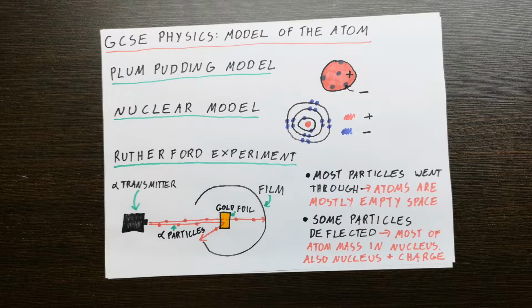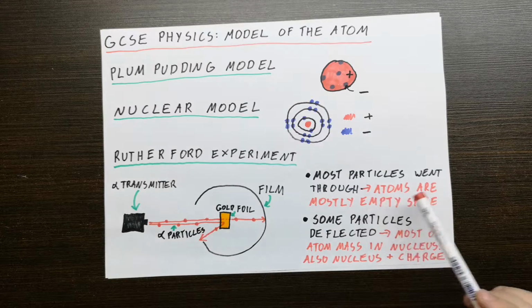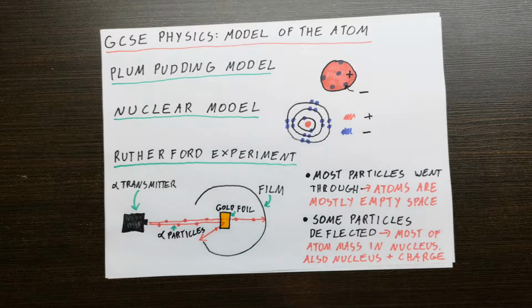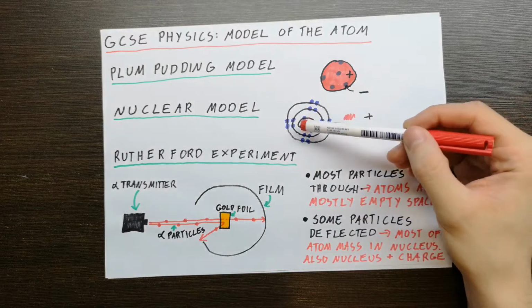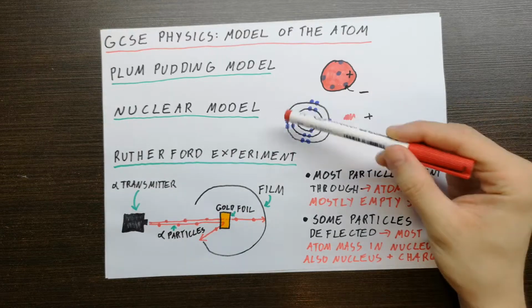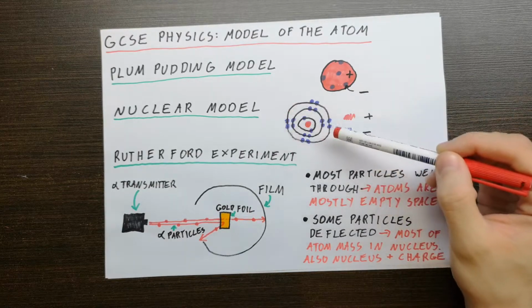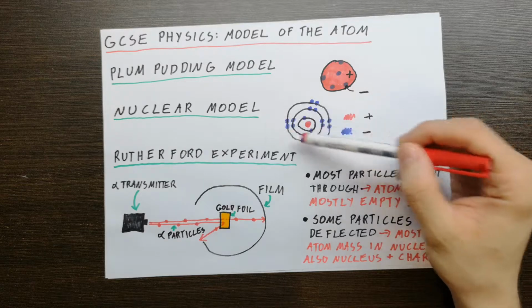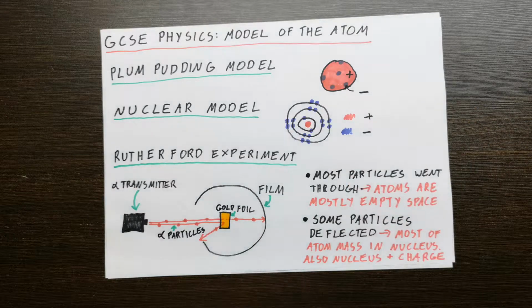And what did that tell us? That atoms are mostly empty space. And that's the nuclear model. We have a small nucleus, and then we have tiny, absolutely tiny electrons, and everything in between is actually empty space.